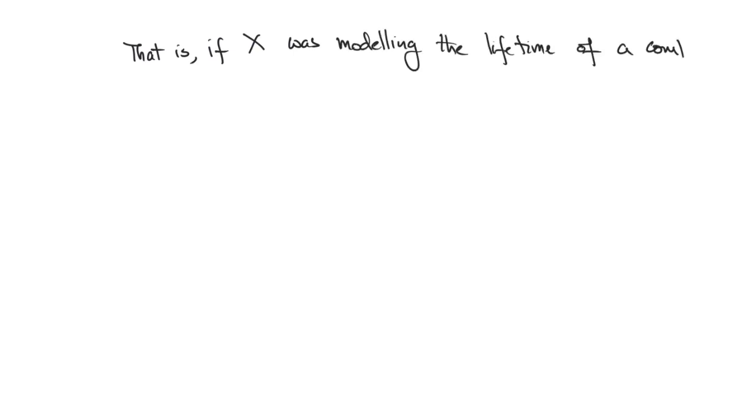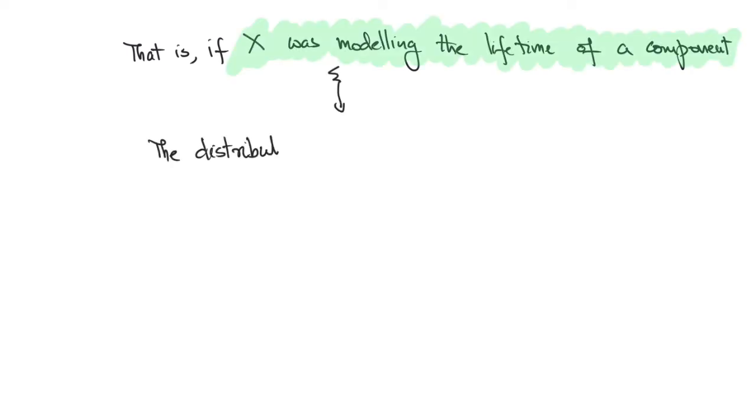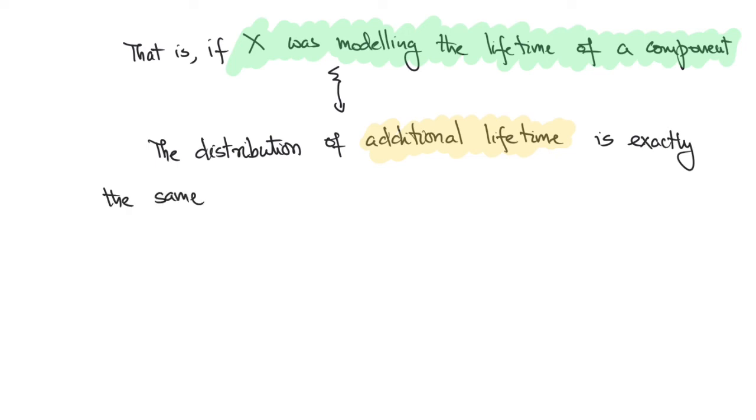To interpret this calculation, note that if x was modeling the lifetime of a component, then the probability that the component lasts an additional t units, given that it has already lasted t naught units, is exactly the same as the probability that the component would last t units without any additional information.